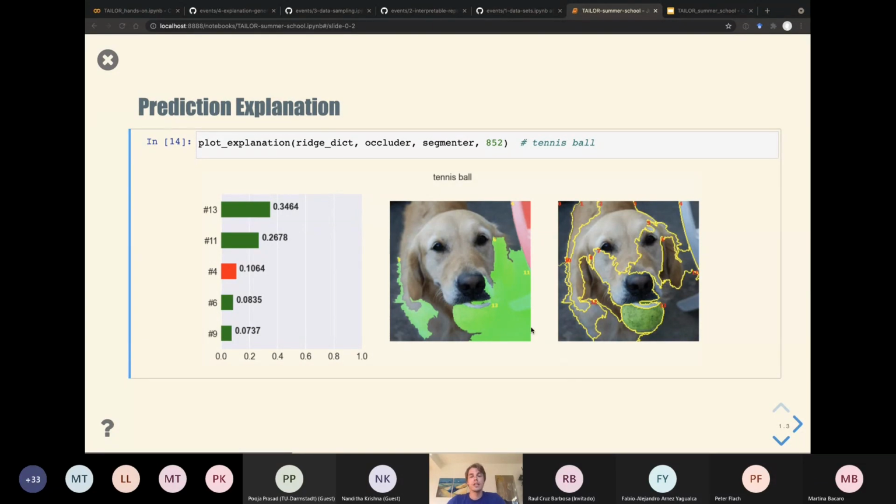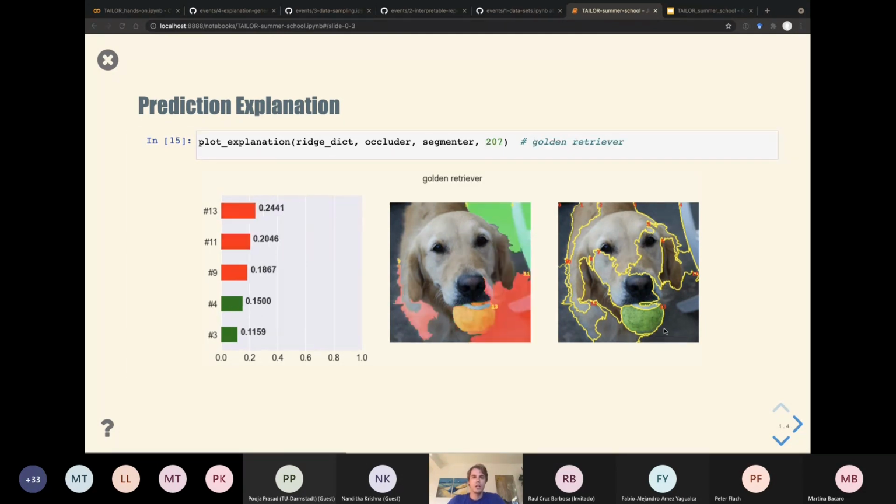And it tells us that for the prediction of a tennis ball, the segment number 13, which is the tennis ball itself, has quite positive influence, followed by the segment number 11, which is here to the right, then some negative influence from the background, and then again some positive influence from the dog's coat, more to the bottom left. That's pretty much okay, because the most important segment for predicting tennis ball is the part of the image that holds the tennis ball itself.